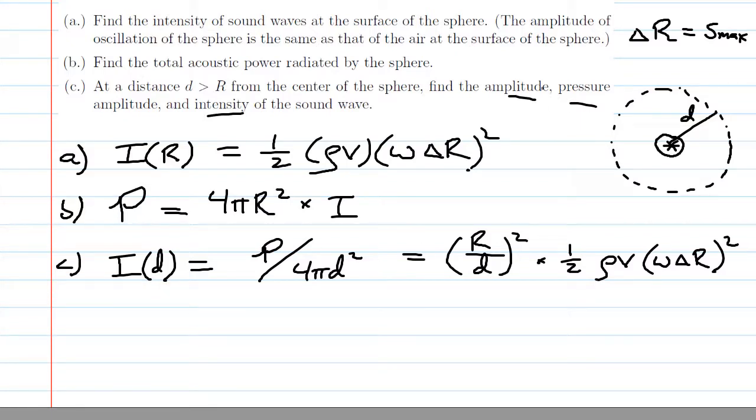What about the amplitude and the pressure amplitude? Well, on the other hand, the intensity is equal to 1/2 delta P max squared divided by rho v. So by knowing the intensity at distance d, I can solve for the pressure amplitude.